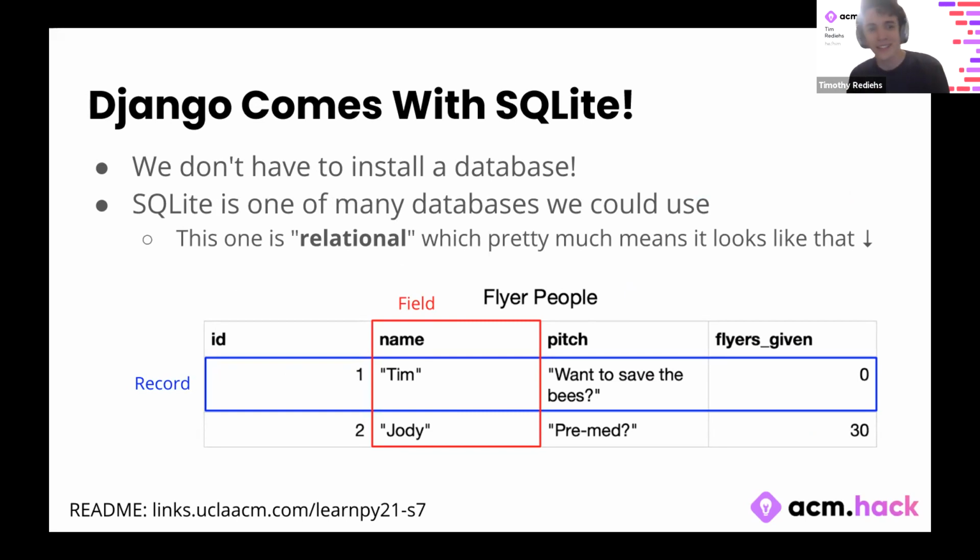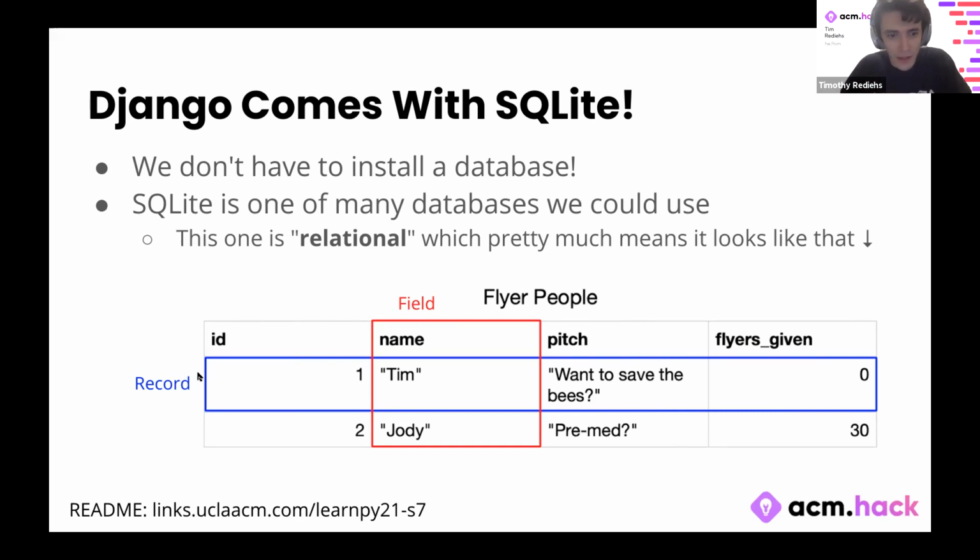A note about Sqlite is it is a relational database, which pretty much means that the database can be represented as a collection of tables, and in this case we use SQL, which is a query language to find things in the database or manipulate it. A nice thing that we're going to go over is that we won't really have to touch SQL because Django provides a nice little wrapper for us.